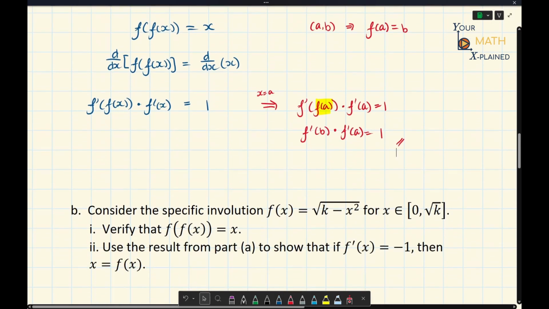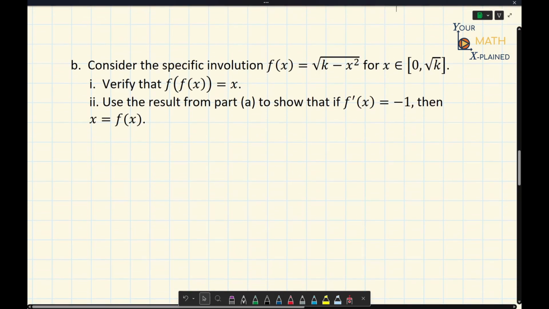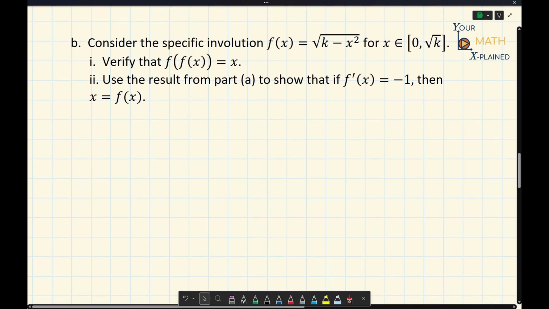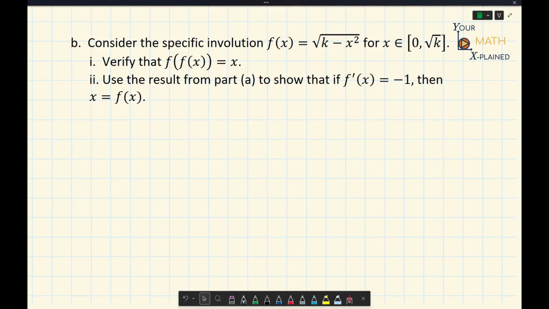Now for our next part, we want to look at a specific involution where f of x is equal to the square root of k minus x squared. And the domain for this is x is in between 0 and root k. So first, we're going to verify that this is, in fact, an involution.